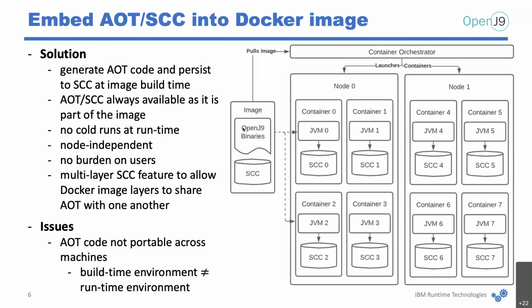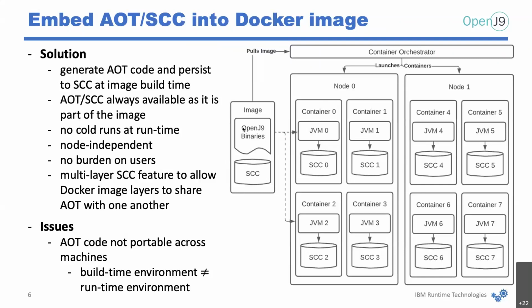For example, you can have an OpenJ9 image layer, and on top of that, you have an OpenLiberty layer, and then on top of that, you have the actual application business logic layer, and these three layers may have their own shared class caches, and that may complicate things. For this issue, the team introduced a multi-layer shared class cache feature, which allows the upper layer to seamlessly extend the lower layer SCC.